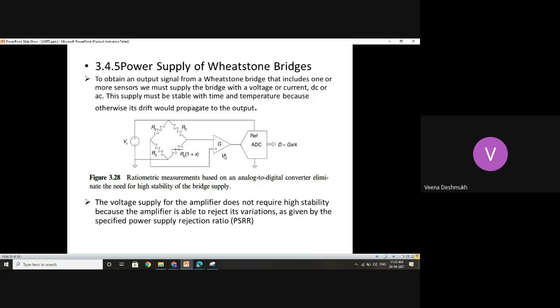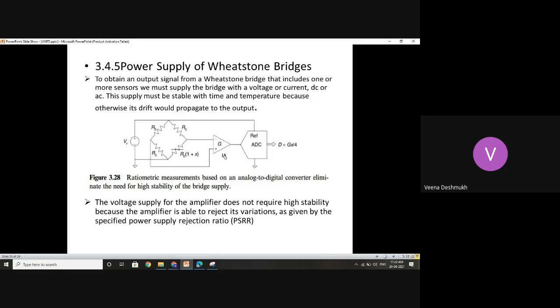So power supply rejection ratio means whenever I change the power supply from one to another for any reason, whether the time and temperature we discussed just now or any other reasons, you change that supply to another one with the same specification, of course.